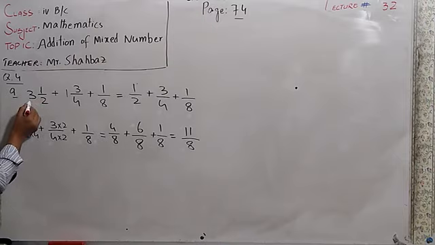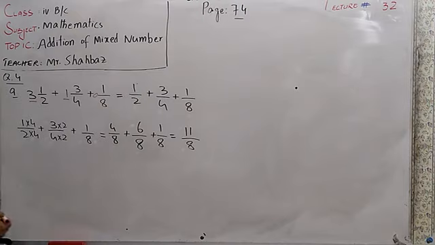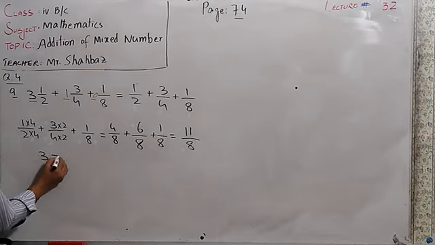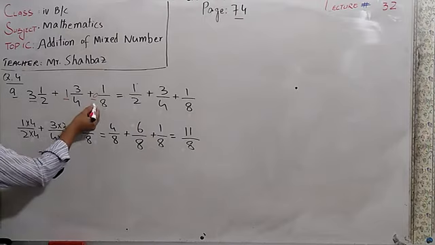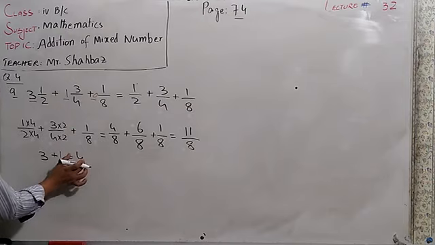This is a whole number. This is a whole number, and there is nothing. So we have to add 3 plus 1. 3 plus 1 is equal to 4. This is the whole number.